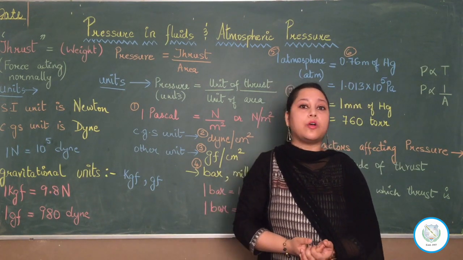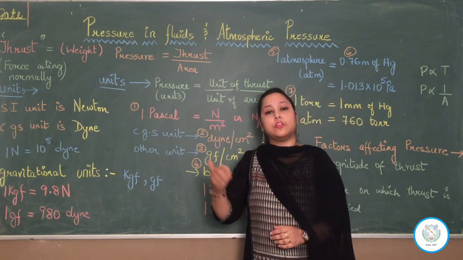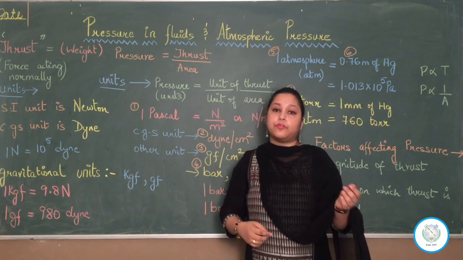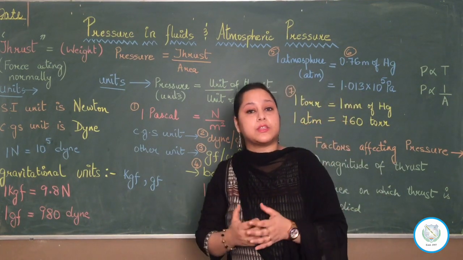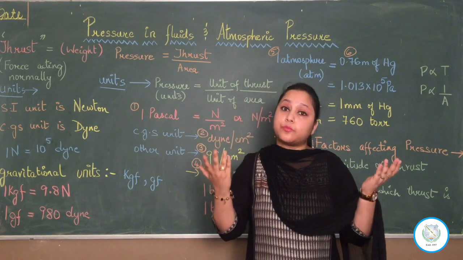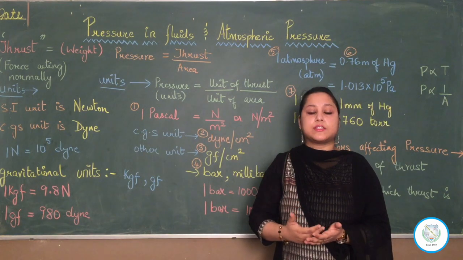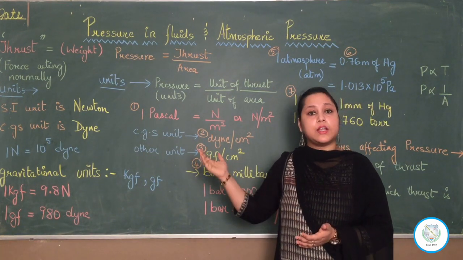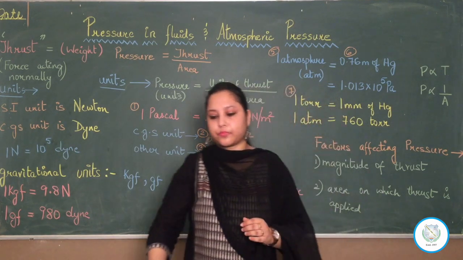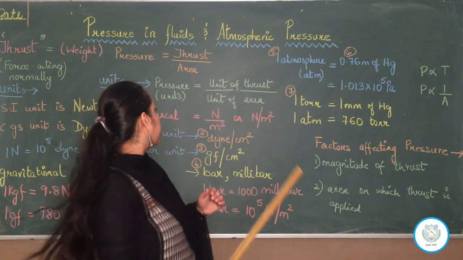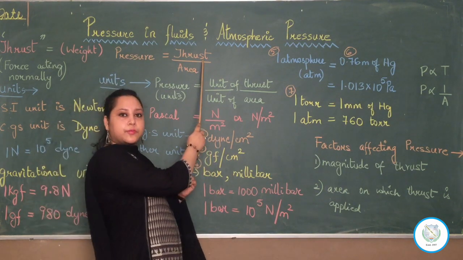When we talk about the unit of pressure, there are a lot in number, right? We talk about fluid pressure, we talk about pressure applied by solids, and the atmosphere is also applying a lot of pressure. So all these terms can be put under different kinds of pressure units. Let's discuss them. Taking the formula first, pressure is thrust upon area.